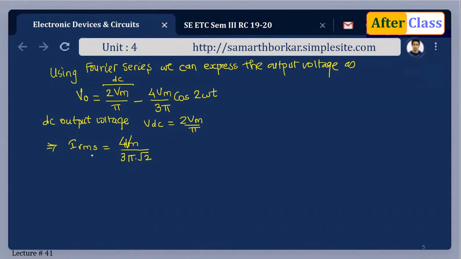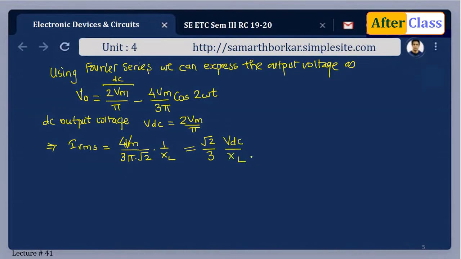What we want is current, so you divide it by the reactance offered by the inductor or the resistance offered by the inductor. So voltage divided by resistance, what we get is the current. So we can simplify this as √2 by 3 VDC by XL.